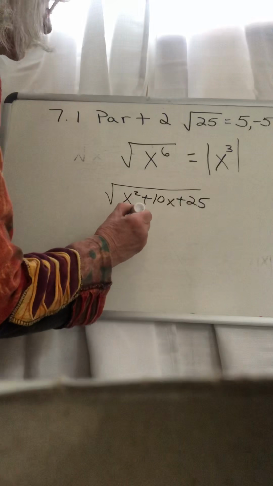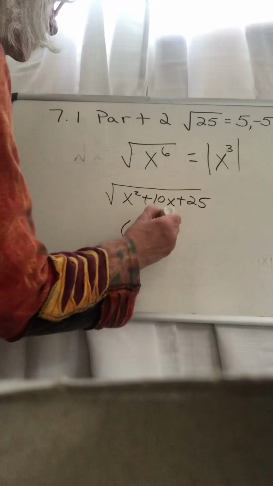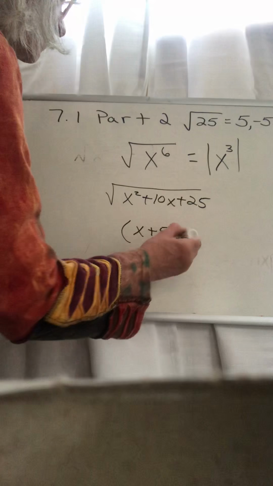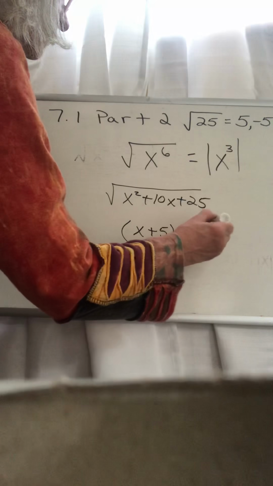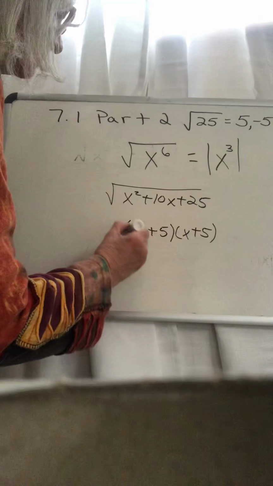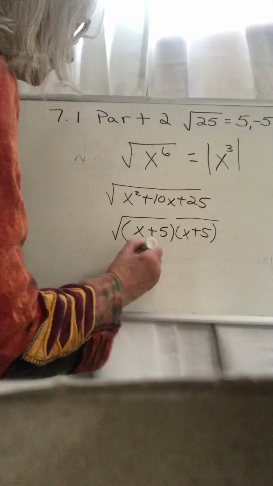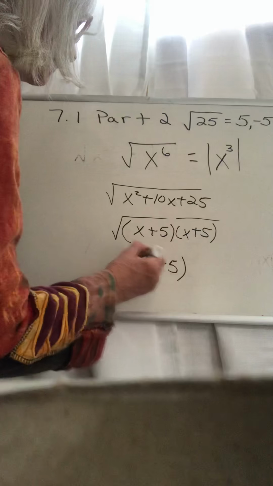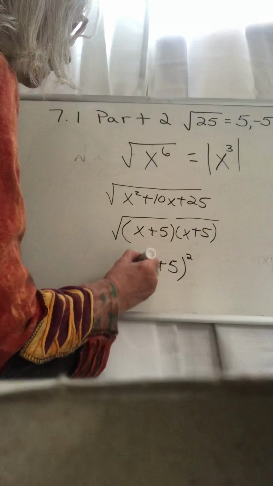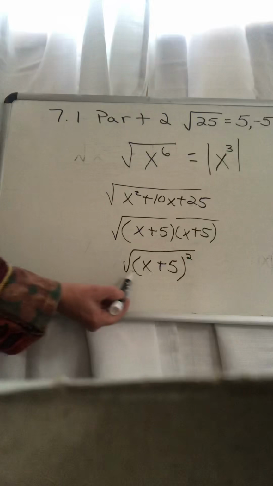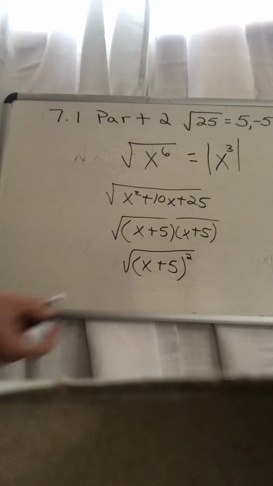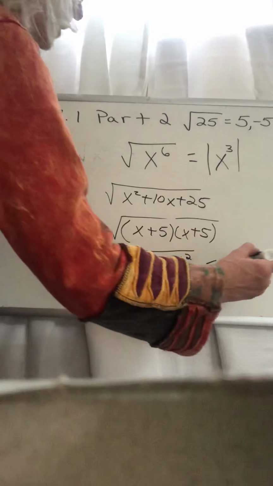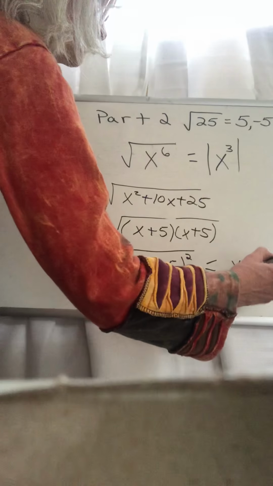By factoring it, we would get x plus 5, and then x plus 5 again. So we could simplify that and just say (x plus 5) squared. So the square root of (x plus 5) squared would equal x plus 5.